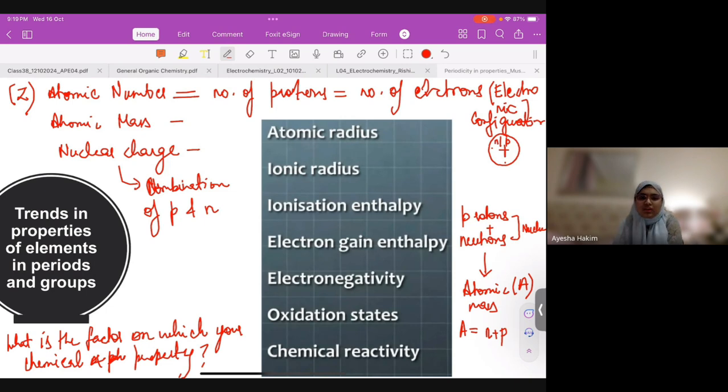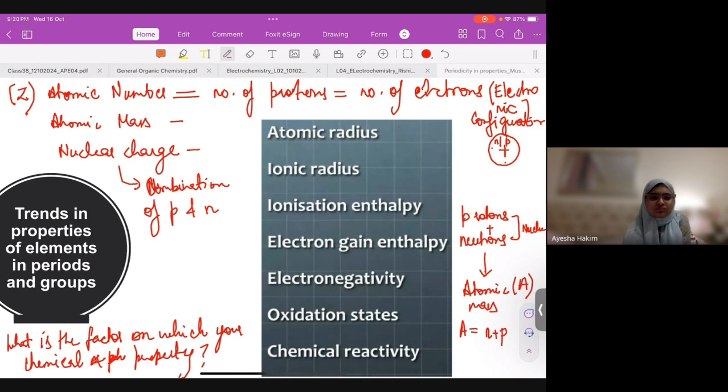The size of the atom is atomic radius, and there's ionic radius, and there's covalent radius. Atomic radius size is actually like the periphery of the radius.